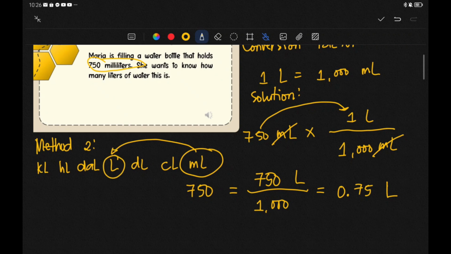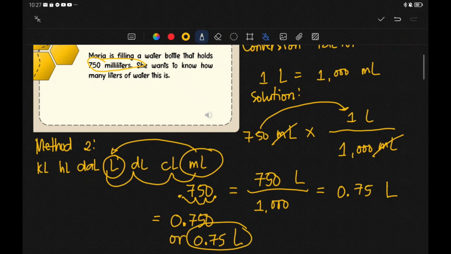So how many places should we move the decimal point to the left? From milliliter, 1, 2, 3. Here, now there is a decimal point, 1, 2, 3. So our answer is 0.750 or 0.75 liters, which is exactly the same as method 1.